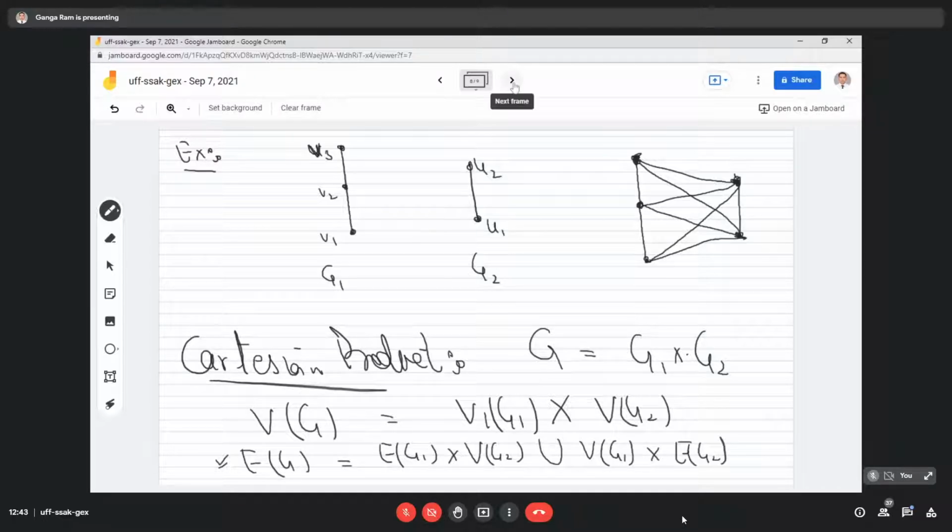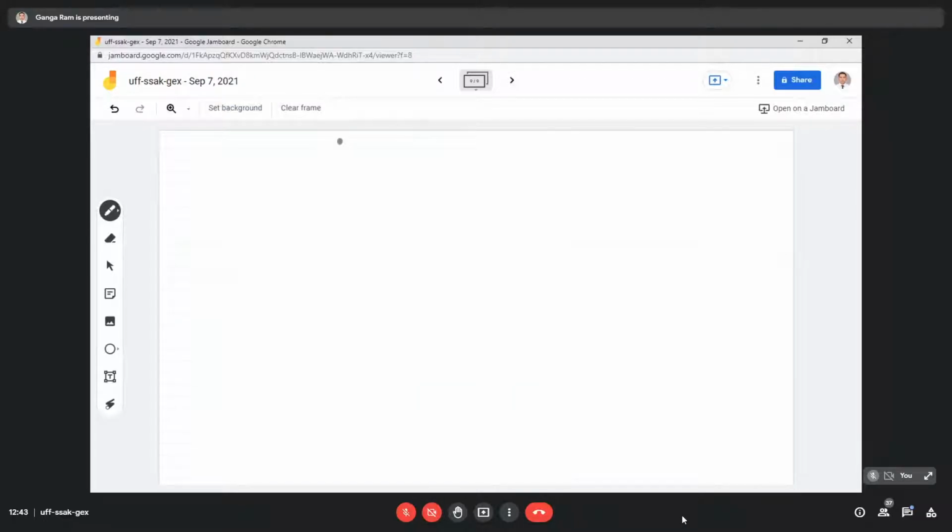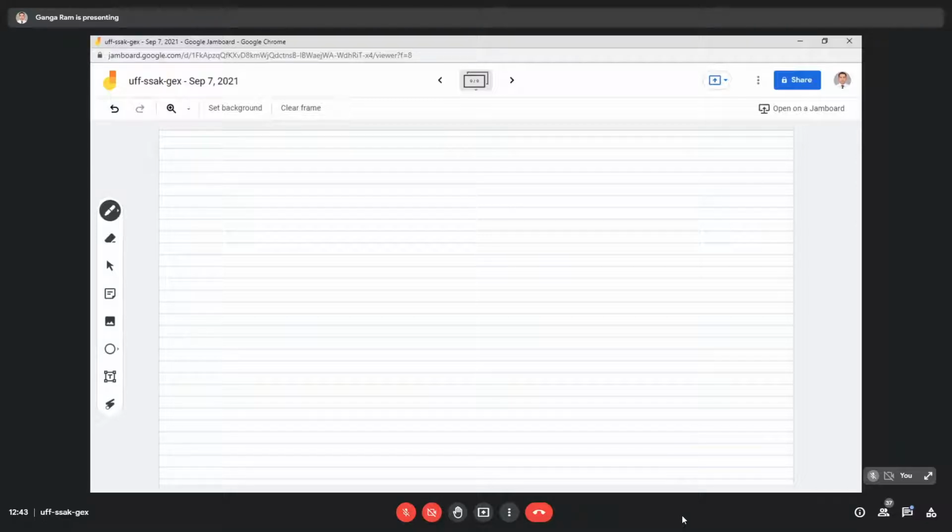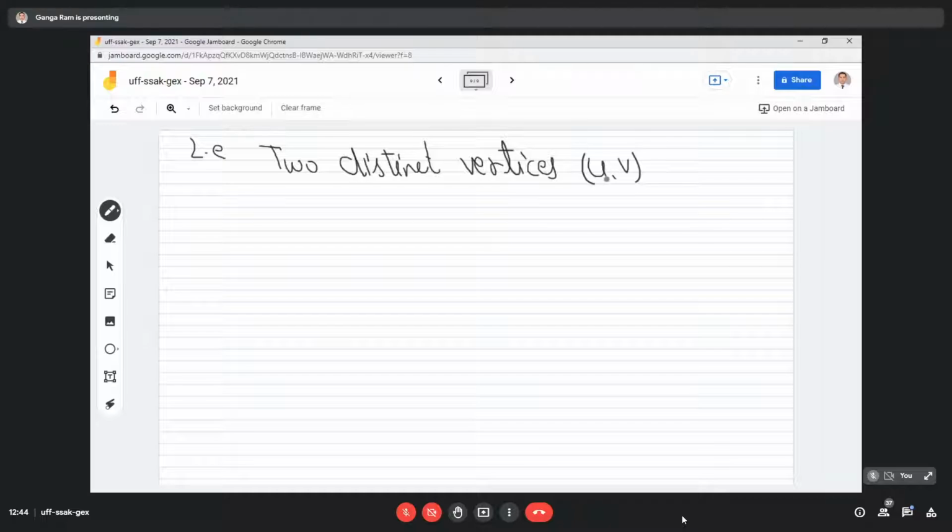The meaning of this is that we can write here two distinct vertices, UV and XY. The pair of this means I am saying that these are vertices here.